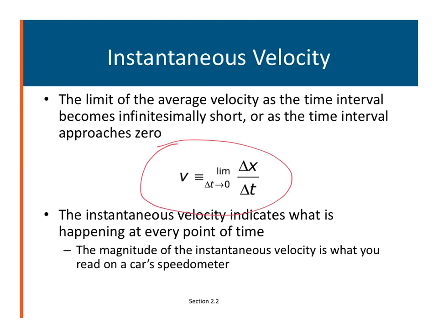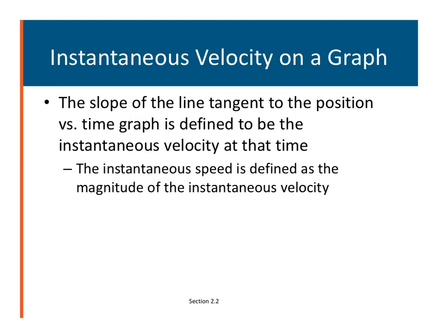However, we are going to talk about instantaneous velocity. We are going to say the slope of the line tangent to the position versus time graph is our instantaneous velocity. The instantaneous speed, however, is just defined as the magnitude of the instantaneous velocity. So just the number and not the direction.